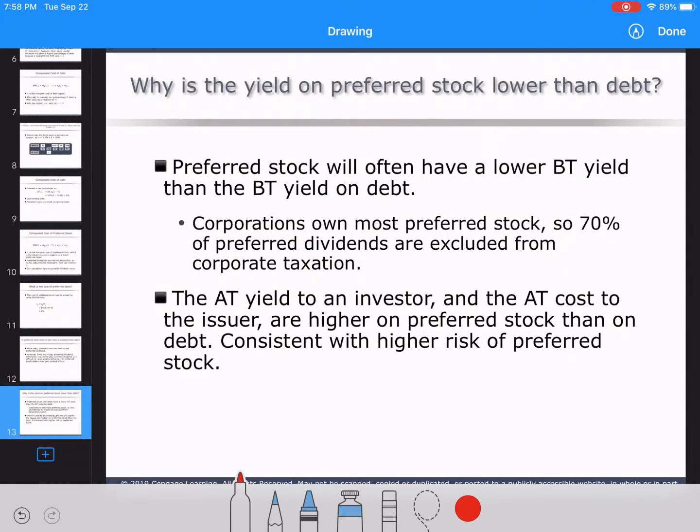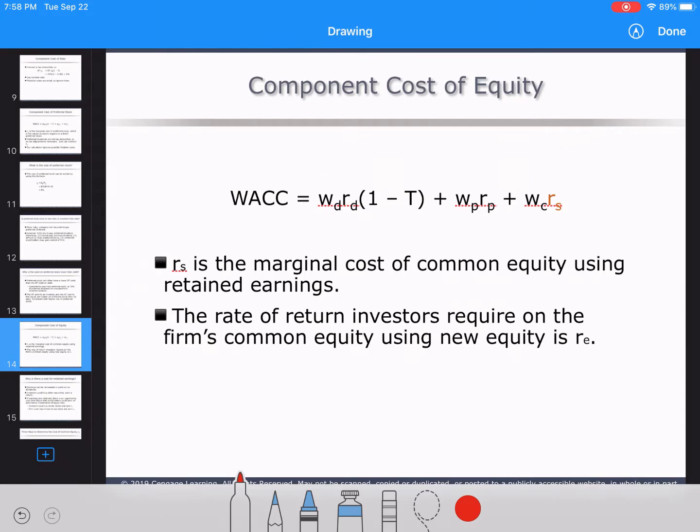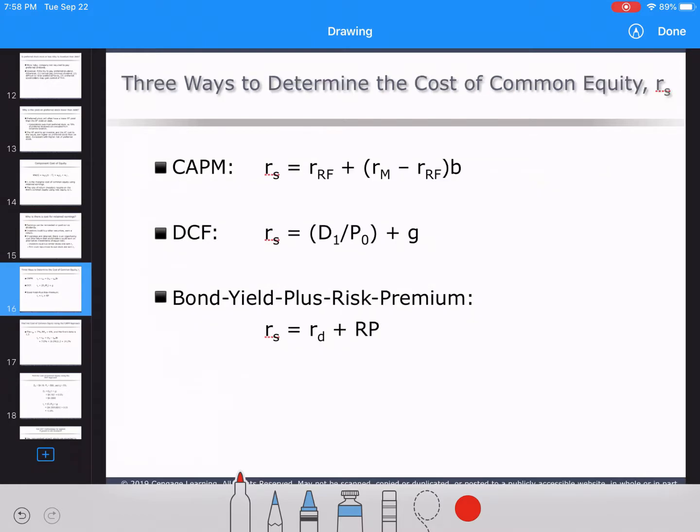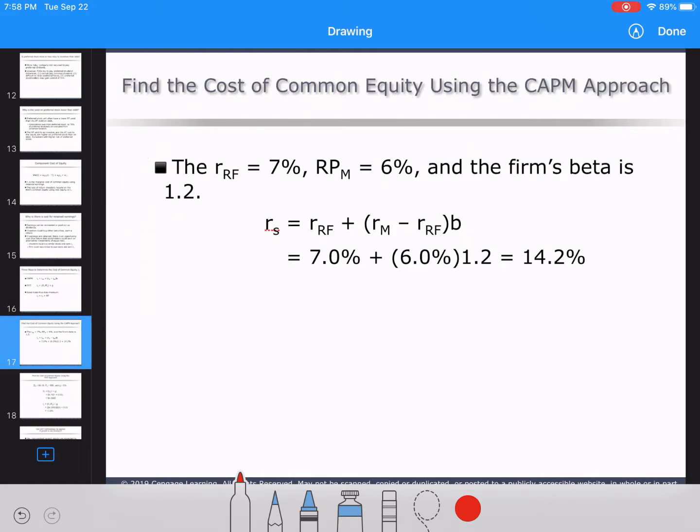And then what we do afterwards is the cost of equity. To find the cost of equity, we will do 3 methods. One is the CAPM method, where we get all the inputs. The other one is dividend yield plus capital gains, and the last is an ad hoc method: you get R sub D first and then add a risk premium to it. So the first one is R sub F. You put in all the things that are supplied to you, and you get 14.2%.